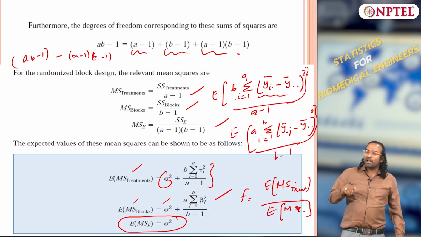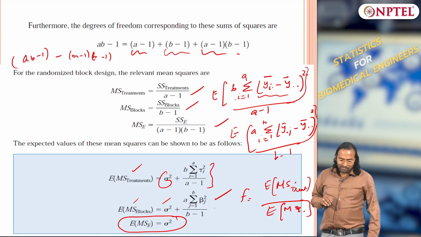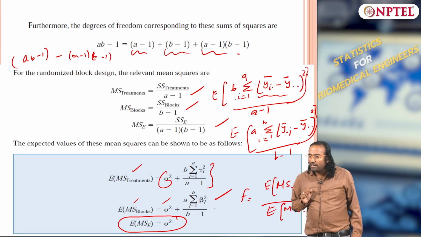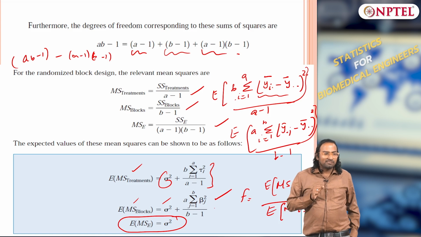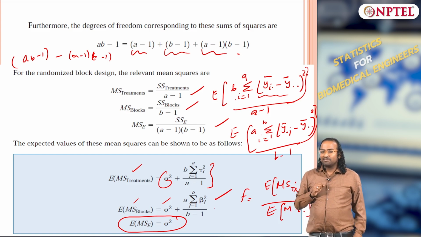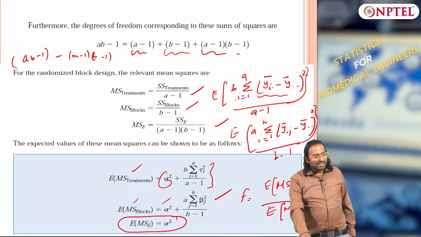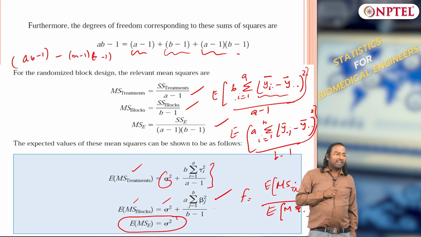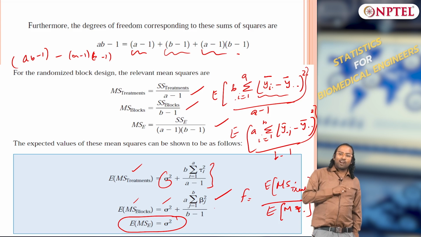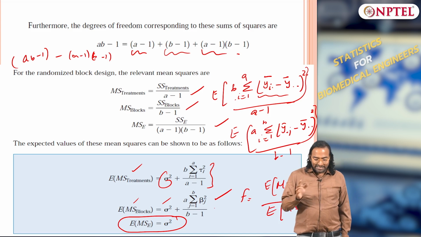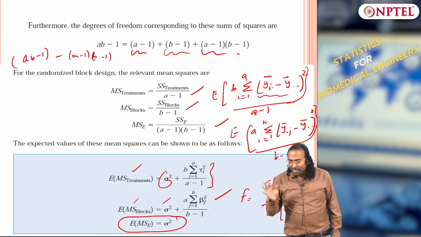Now what is the drawback of this? No free lunch, there is no free lunch theorem. What is the drawback of doing RCBD? What gets affected? Degrees of freedom. Look at the degrees of freedom here and look at the degrees of freedom in ANOVA. The treatment degrees of freedom remains the same, A minus 1.